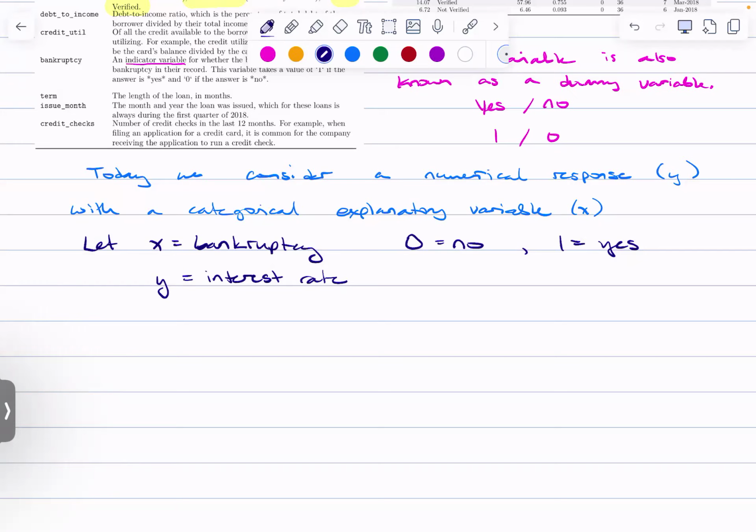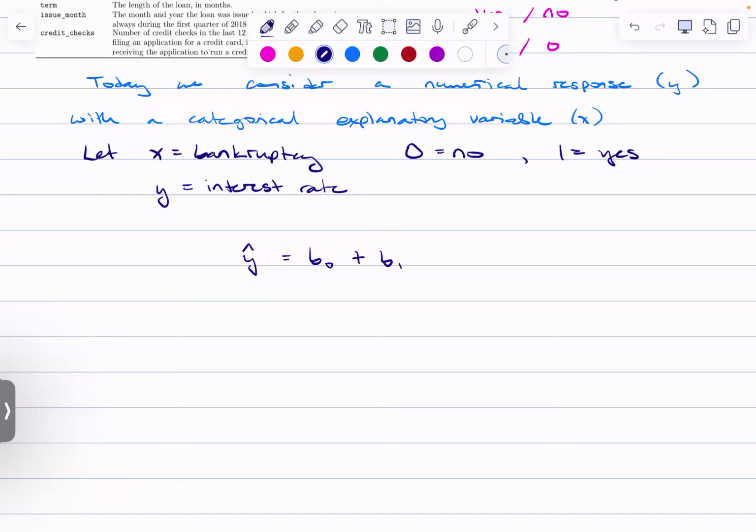Okay. And so usually what we do is, if it's just an indicator variable, we have y hat is some intercept, sorry, and b1 times x, right? That's generic.